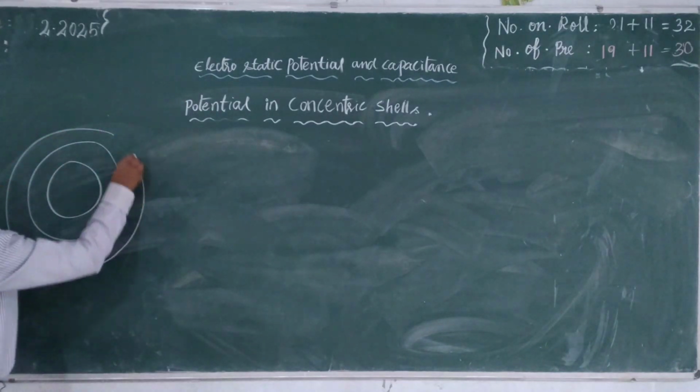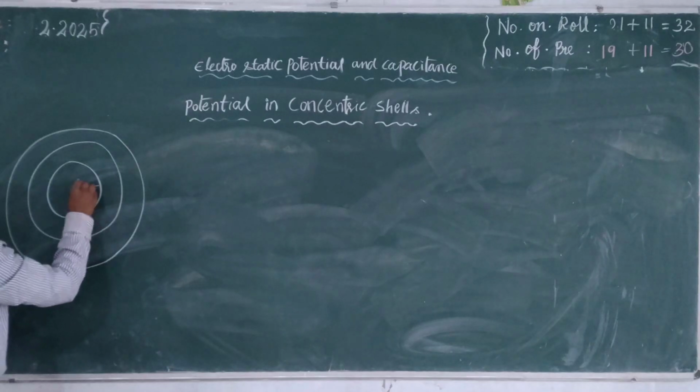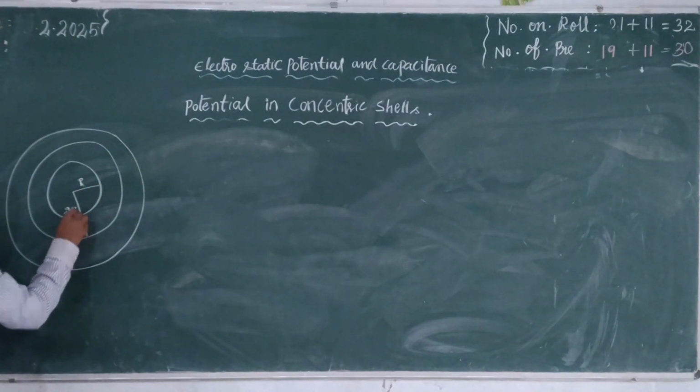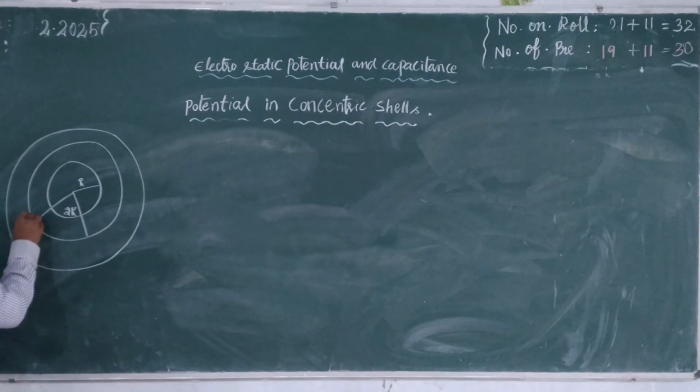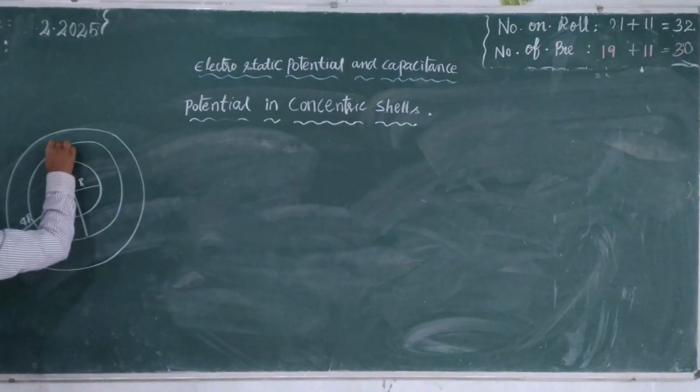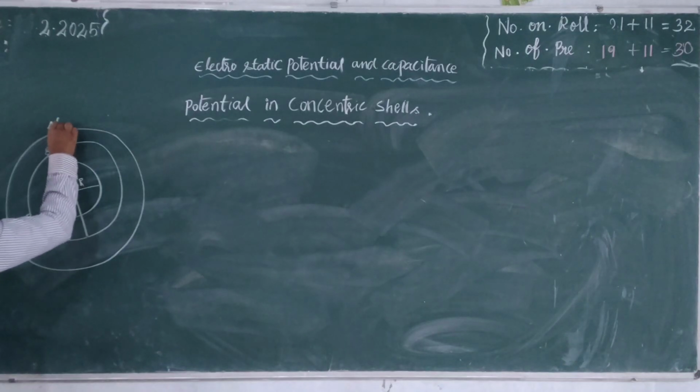Their radii are r, 2r, and 4r. The charge on the first sphere is q, the second sphere is 2q, and the third sphere is 4q.